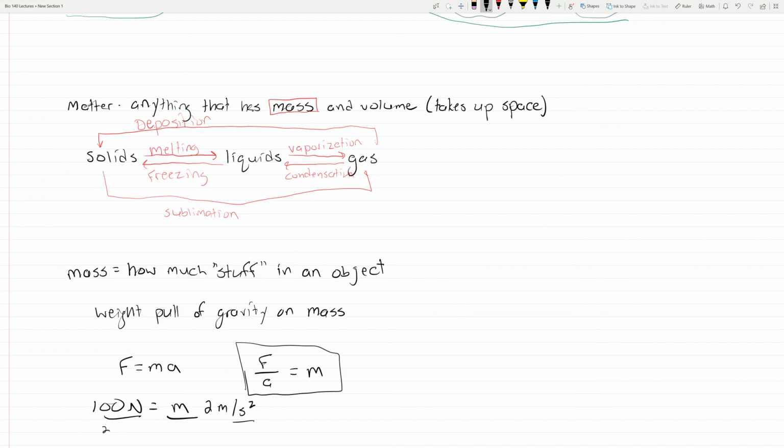Okay, so that's it. Now, I'm also supposed to talk about the differences between energy and matter or mass. And I have a real issue with this because mass and energy are basically two states of matter. So I'm really not going to spend too much time on that. Basically, if you just remember the definition of matter, the definition of mass, how we get from the states of matter, I think you'll be fine.